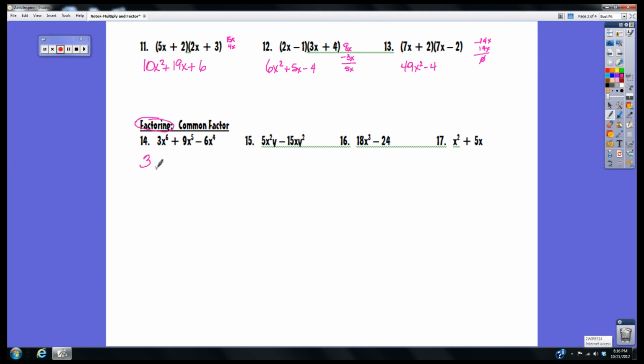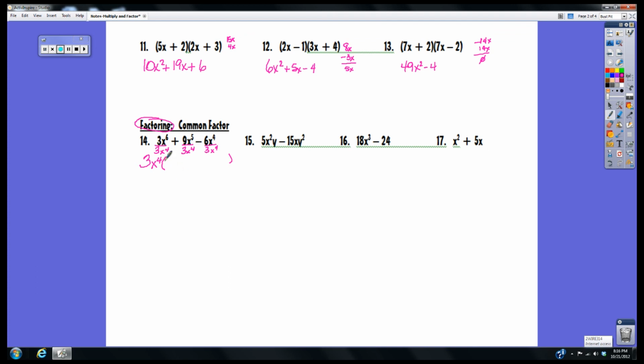So I can divide them all by 3, and I can pull out as many as 4 x's. So 3x to the 4th is going to be my common factor. Now I'm not going to do this on every problem, but technically what you're doing here is dividing by 3x to the 4th. So if it helps you to write 3x to the 4th underneath each term and actually see the division process, then you can do that. But you're dividing 3x to the 4th out of every single term.